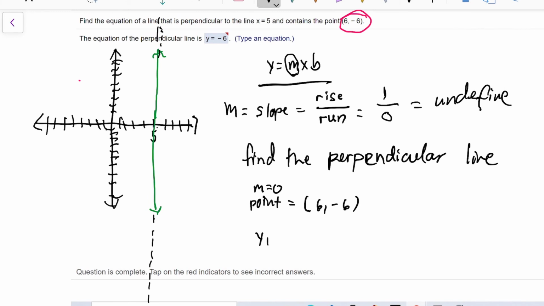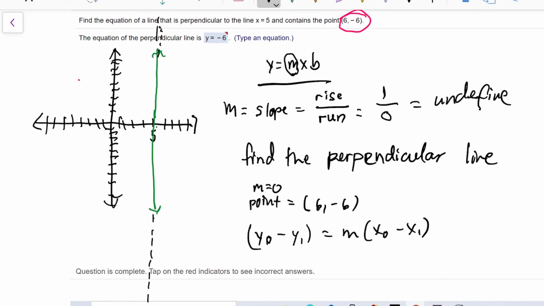So using our point-slope form, we can say y minus -6 equals 0 times x minus 6, which then we get y plus 6 equals 0.